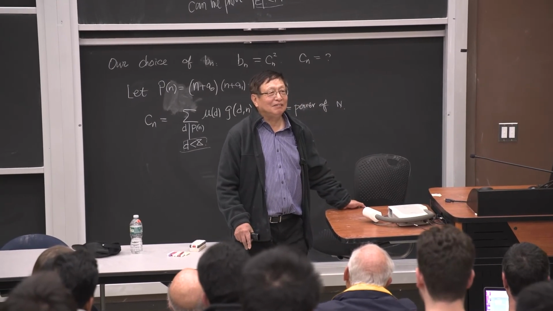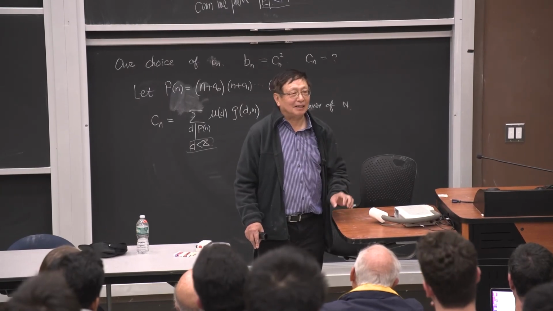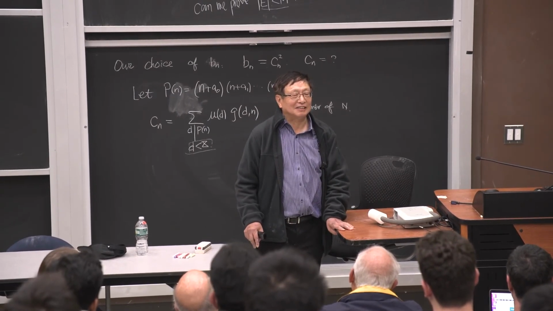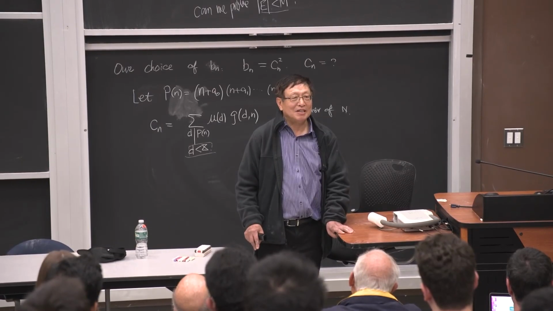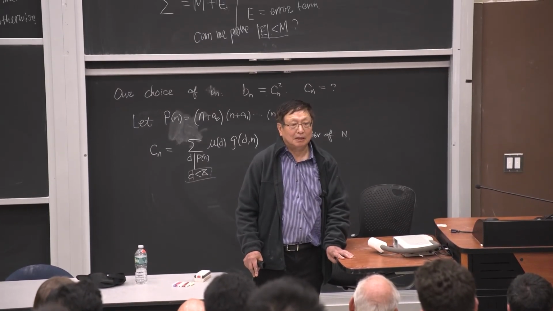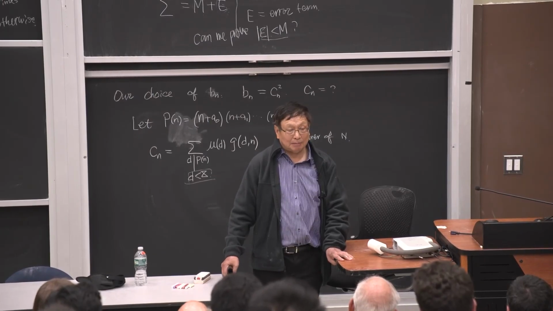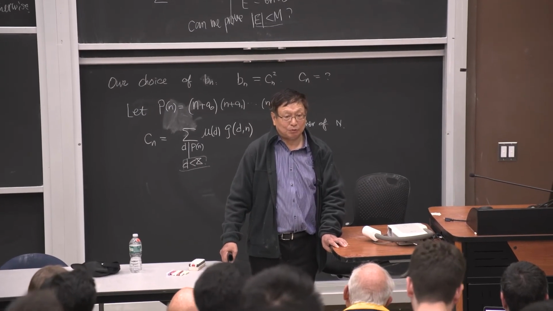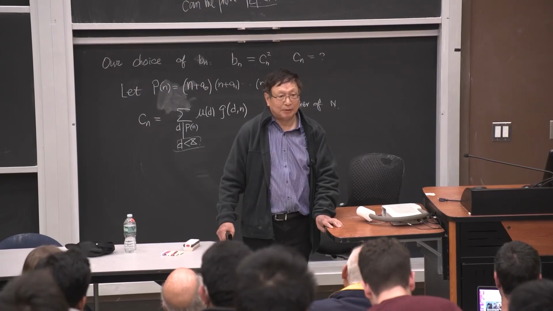But in 1949, Selberg and Erdős, though there are some arguments that the major discoveries came from Selberg, gave an elementary proof of the prime number theorem.